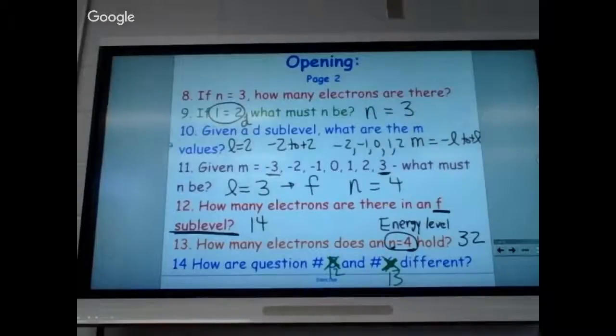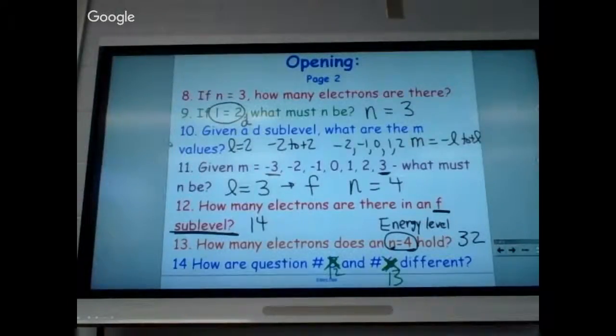What are they? How many electrons are in S? 2. How many are in P? 3 pictures. How many electrons? 6. So 2 plus 6. And how many in D? How many did D have?